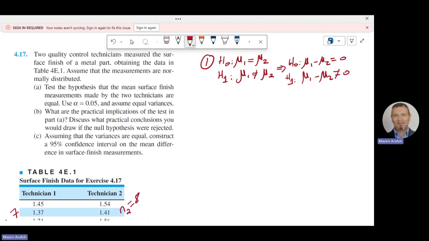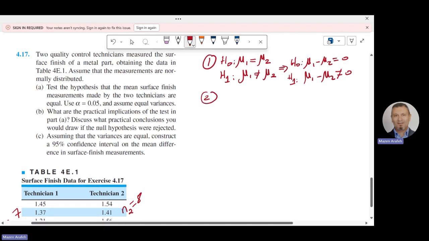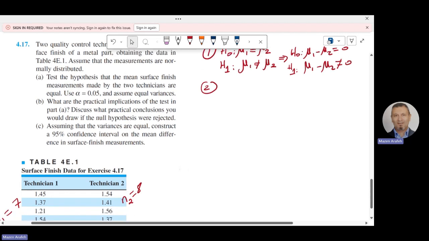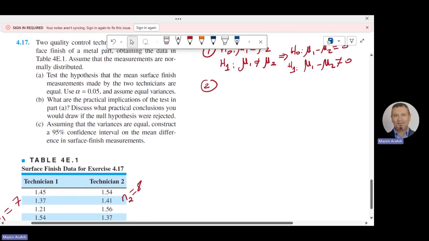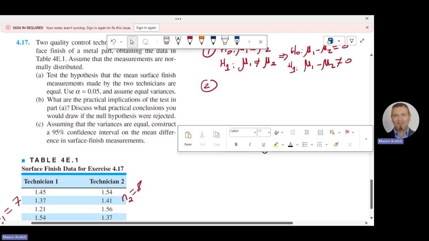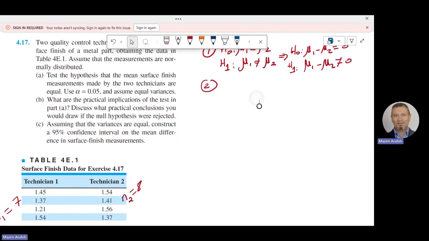Okay, now we need to identify the appropriate test statistic. Since no information about the population variances is known, we are going to use the t-test for two independent populations.